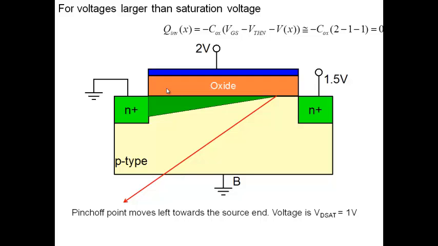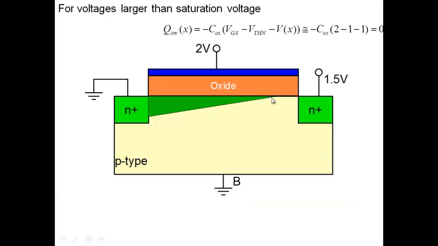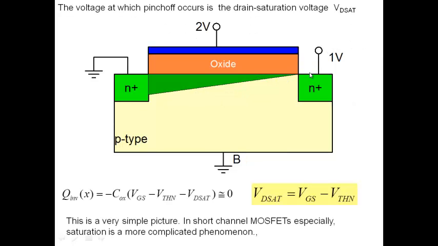Okay. So in effect, if you compare this situation versus this situation, what is the difference between the two? Look at the inversion charge profile here. This situation versus this situation. What is the difference?